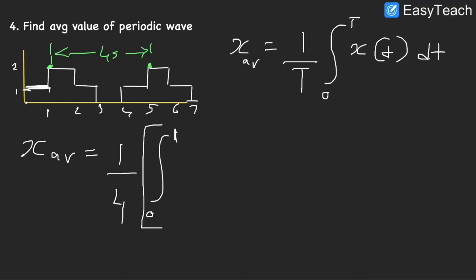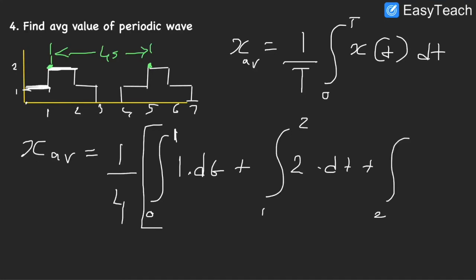It's at a magnitude of 1, so the value of x is just 1 for 0 to 1 times dt. Now let's go from 1 to 2. From 1 to 2, the magnitude of your signal is 2, so it's going to be 2 times dt. And from 2 to 3, the value of your signal is again 1.